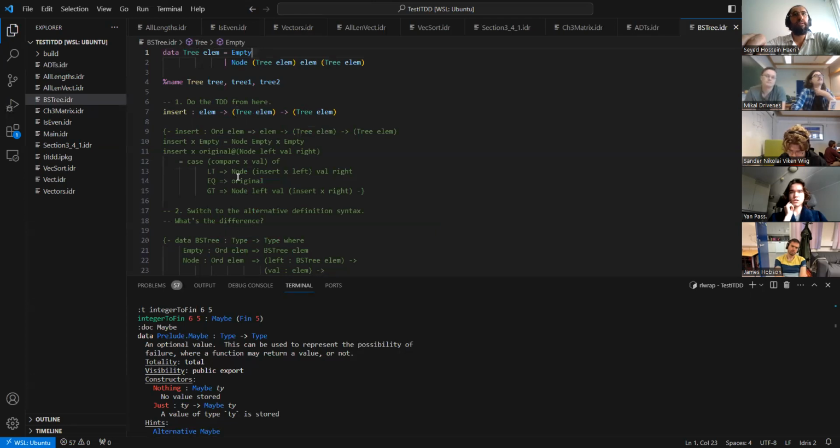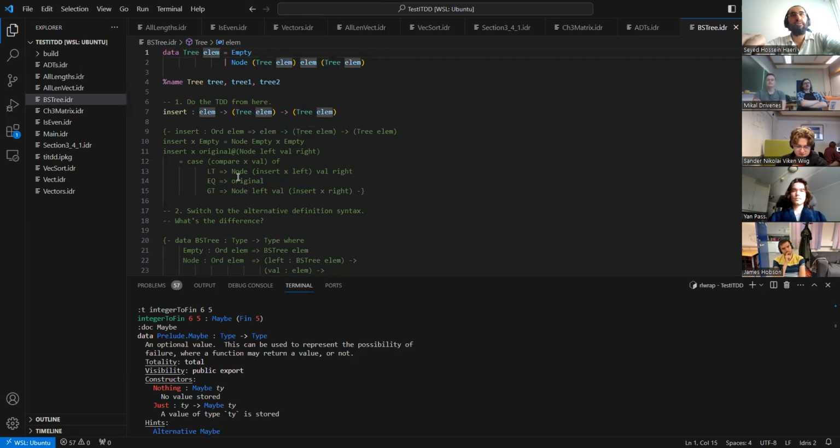Now, the idea is that every node in this tree has a left branch and a right branch, and on every node there is an instance of a type that is the type parameter of this data type. And sometimes the subtrees to the left or to the right are empty. So that's why we have two type constructors here, Empty and Node.